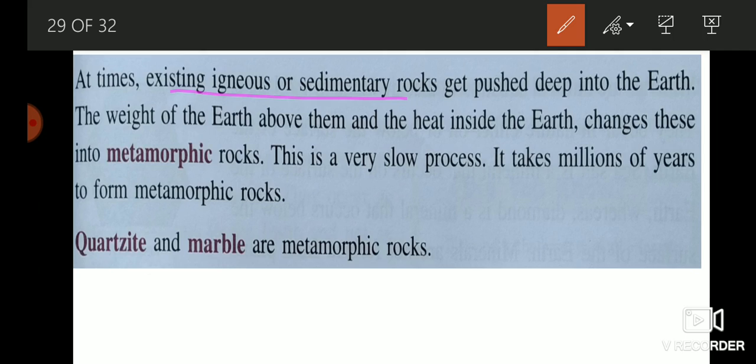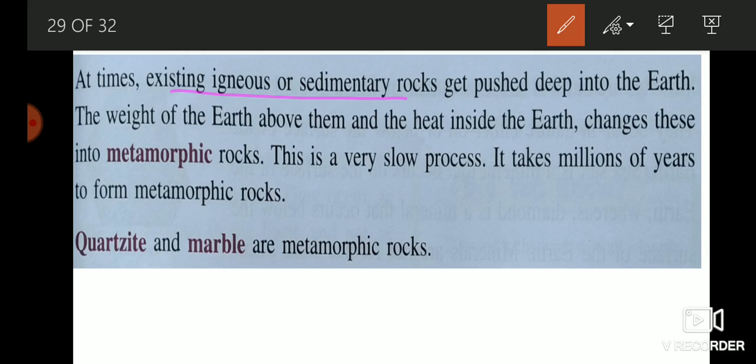During the earthquake, huge cracks develop on the earth surface when the earthquake takes place.